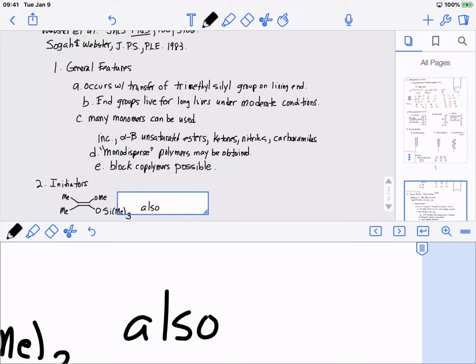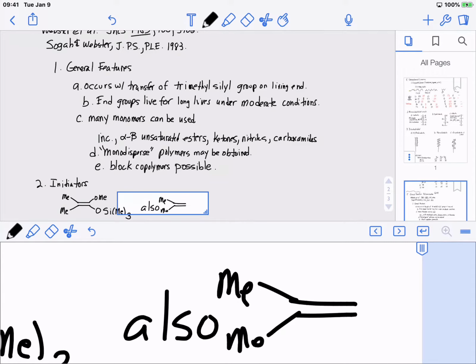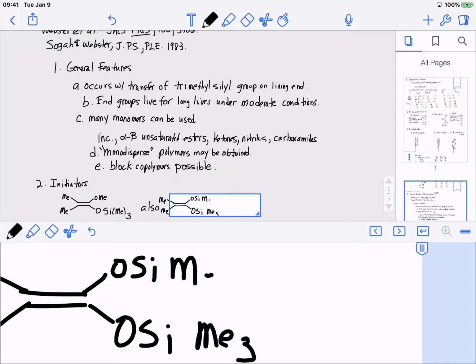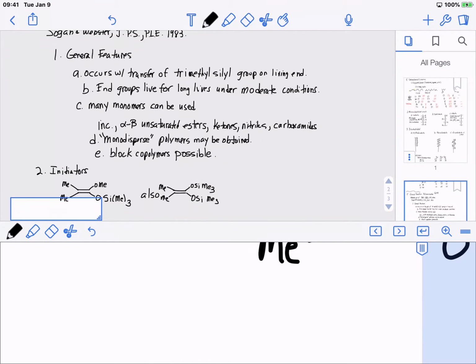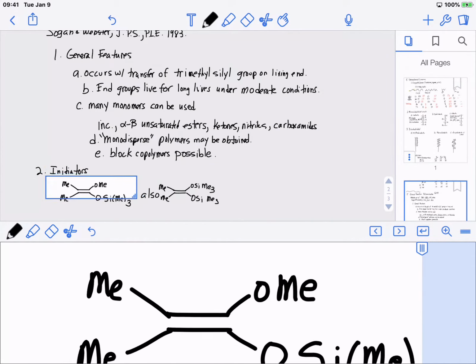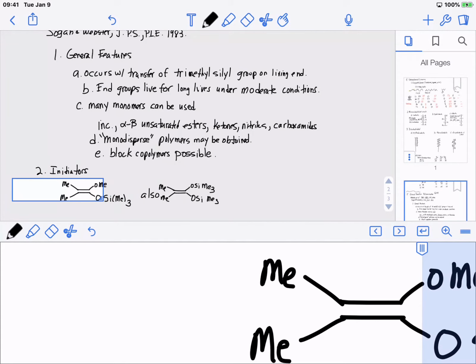Also stuff like similar. Like that. Oh, and this first category, sorry, I didn't have the label here. So A would be dimethylketene methyl trimethylsilyl acetal.